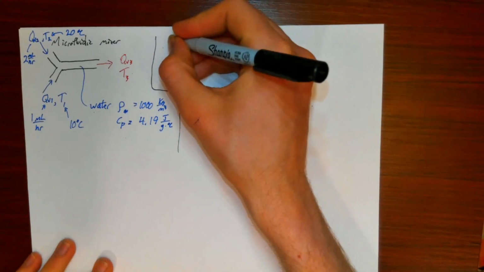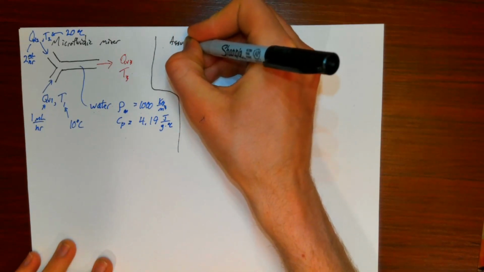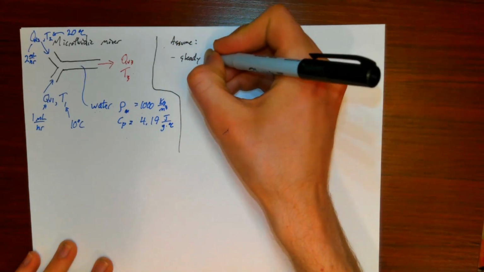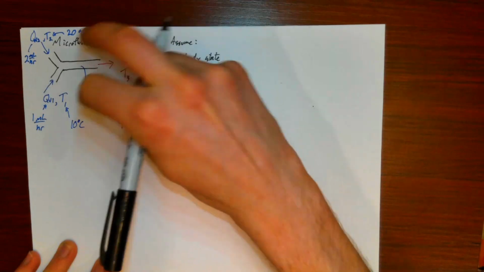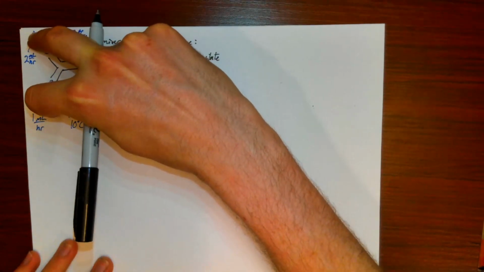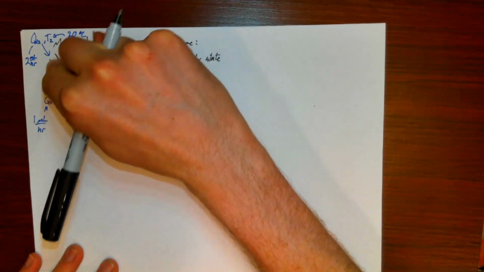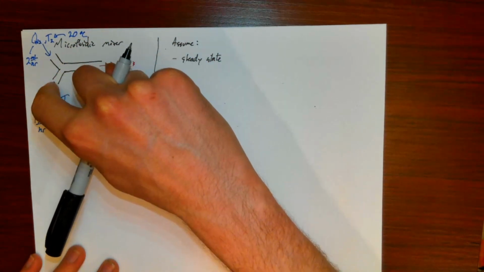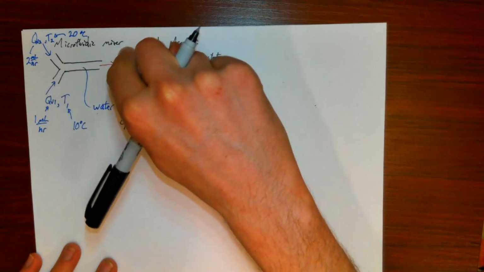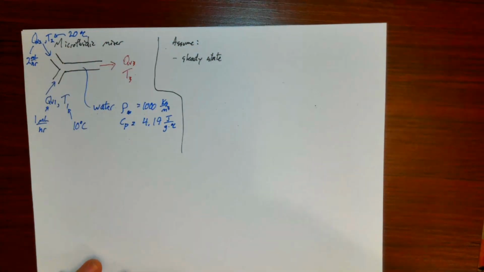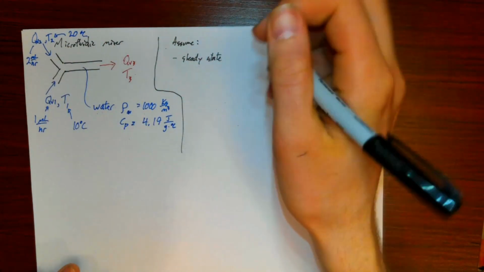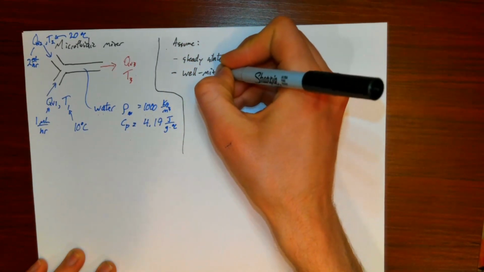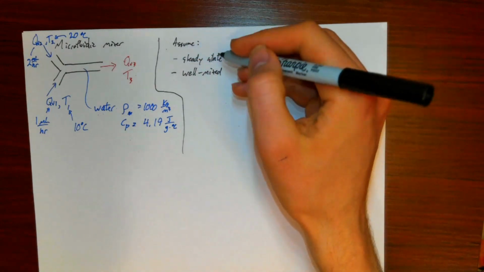So additional information that we are assuming about this problem is the system is at steady state, i.e. the two inlet flows have been going for such a long time that whatever was in this channel initially is long gone, and we've stabilized our flow and temperature at the outlets. We're assuming it's well mixed.